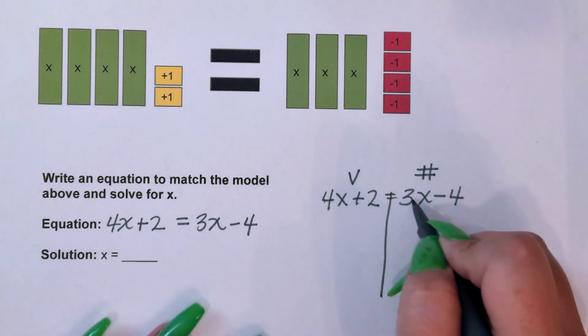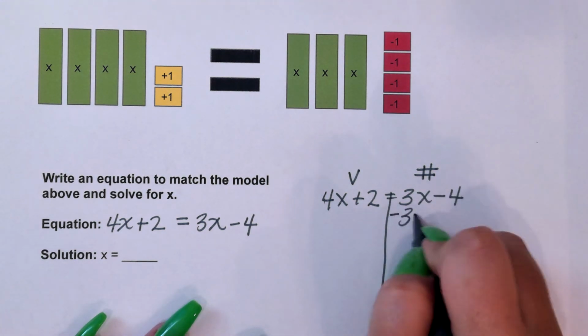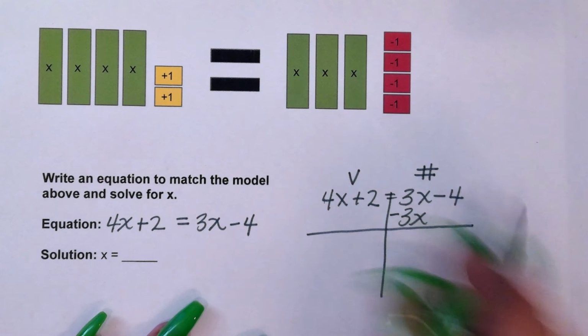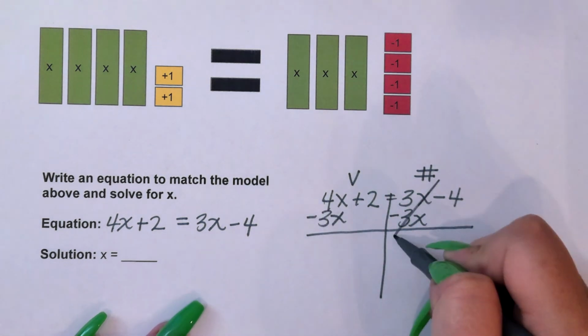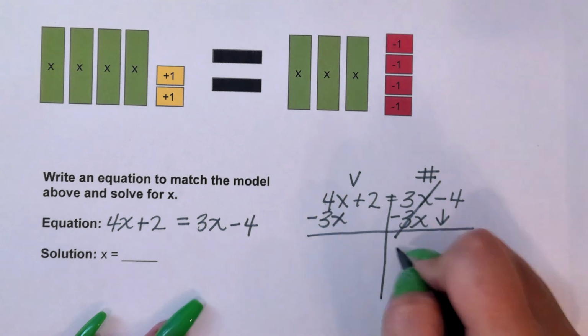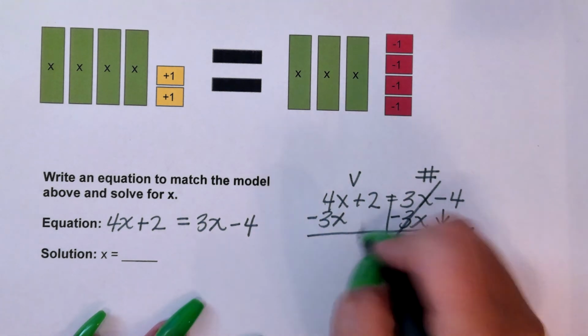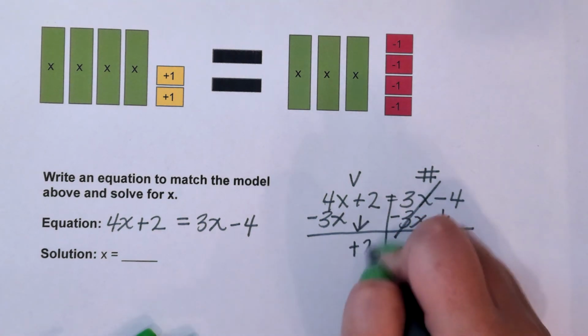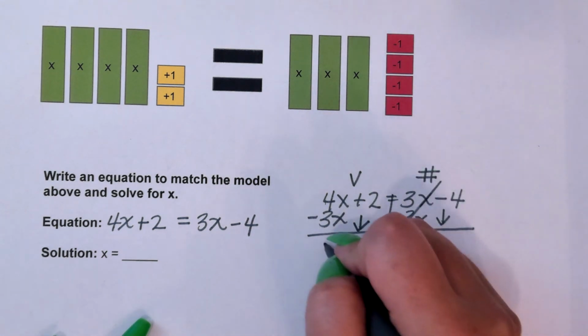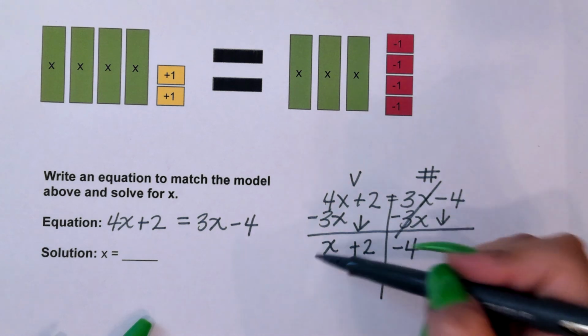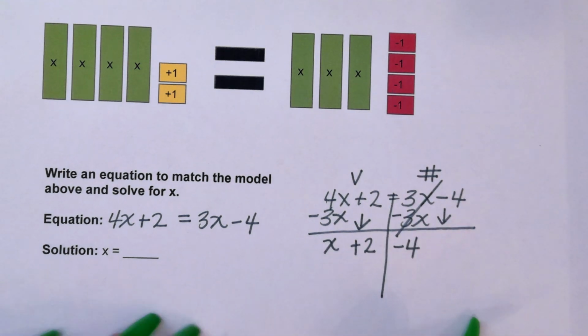So in order to get rid of a positive 3, I'm going to subtract 3 on both sides. These are going to cancel. I'm going to bring down the -4, bring down the +2, and then 4x minus 3x is 1x, so I'm just going to put an x. You do not have to put a 1 in front.